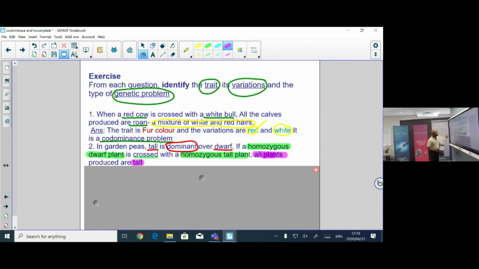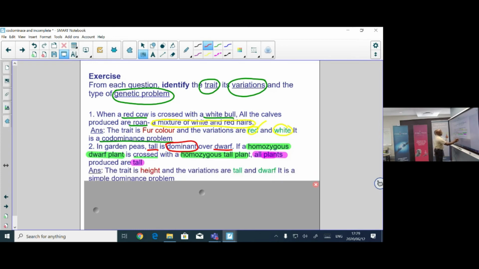Trait is height, grade 12, either tall or dwarf. That's the trait. So it's the height. All right. Variation, variety, tall or dwarf. And what kind of a problem is it? All plants are tall.